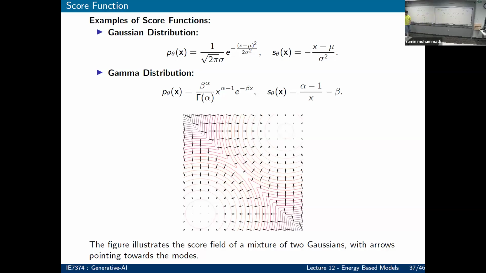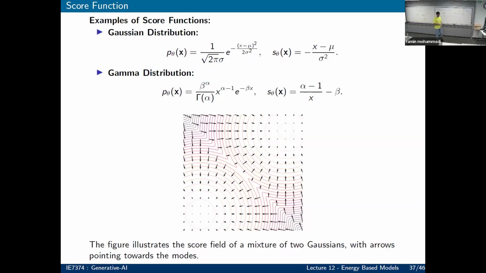There is a region here and a region here, two mixture components, and as you get away from the center of those Gaussians, the contour lines tell you the probability levels. The arrows are the gradient of the function with respect to the data.